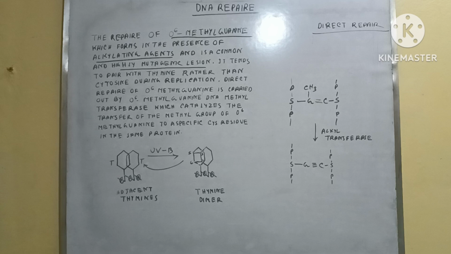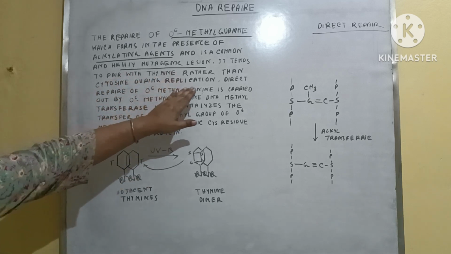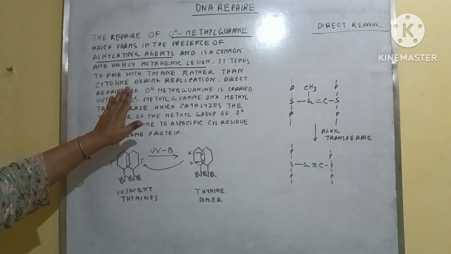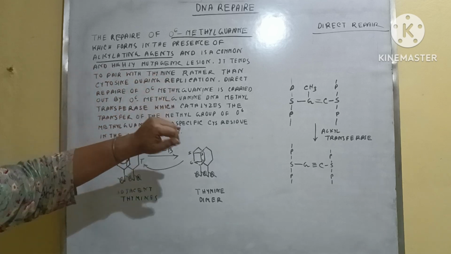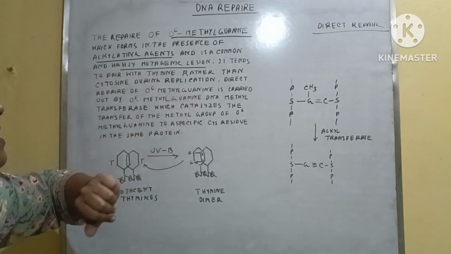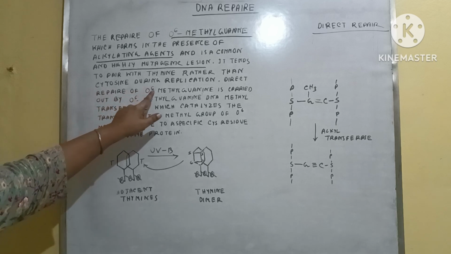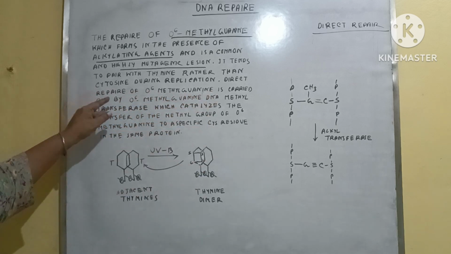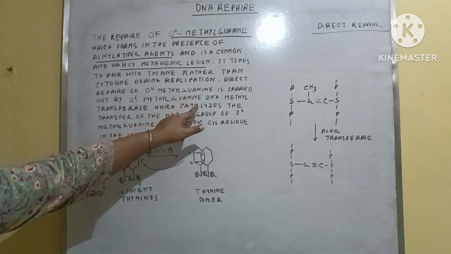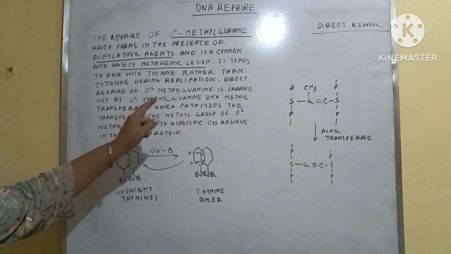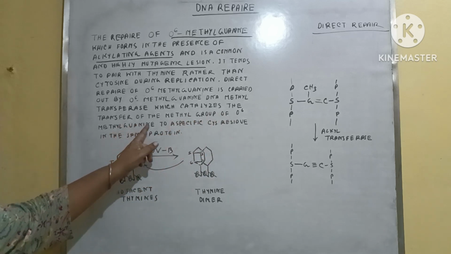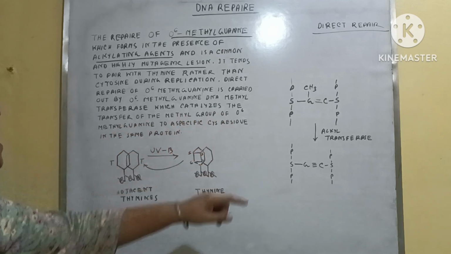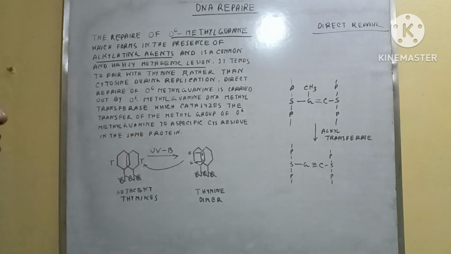It tends to pair with thymine rather than cytosine during replication. Direct repair of O6-methylguanine is carried out by O6-methylguanine DNA methyltransferase, which catalyzes the transfer of the methyl group of O6-methylguanine to a specific cysteine residue in the same protein.